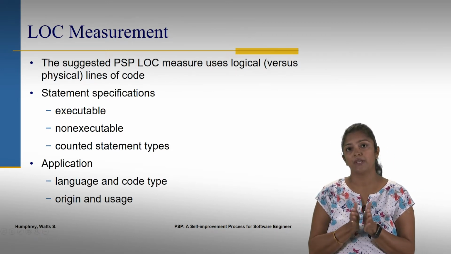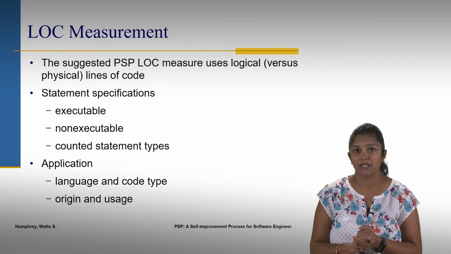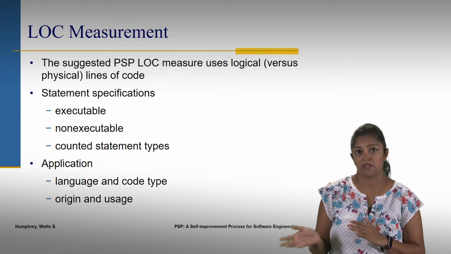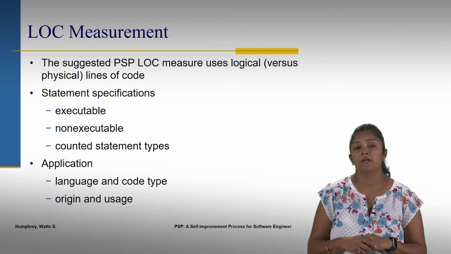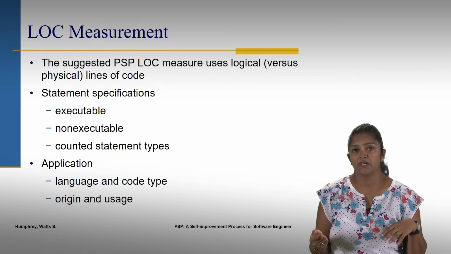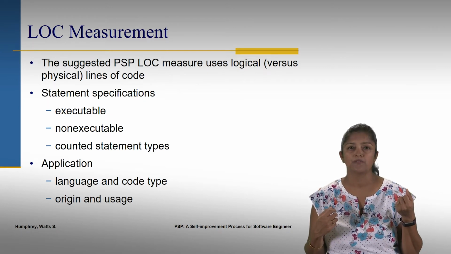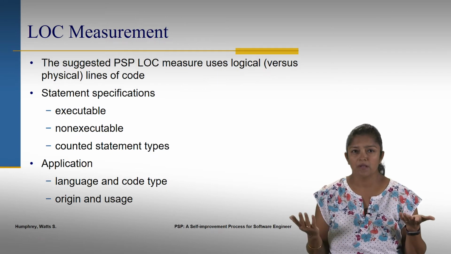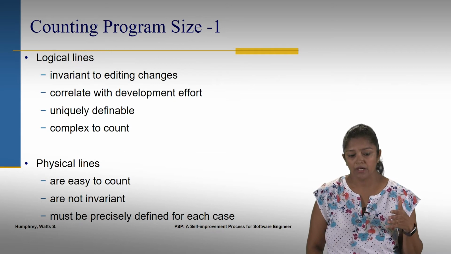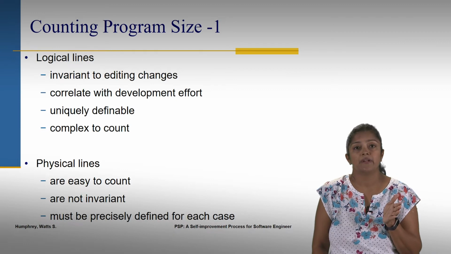In terms of lines of code measurement, what PSP suggests is to consider logical versus physical lines of code. Logical lines of code is basically looking at statement specifications. What are executable lines of code? What are the non-executable lines of code? What are the different statement types? Logical lines of code are invariant to editing changes.